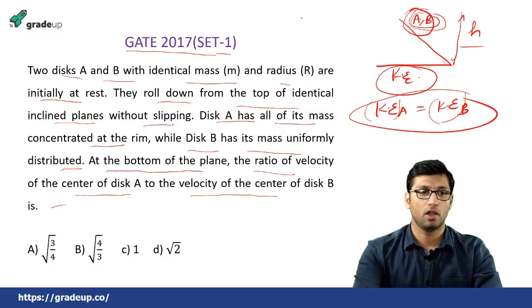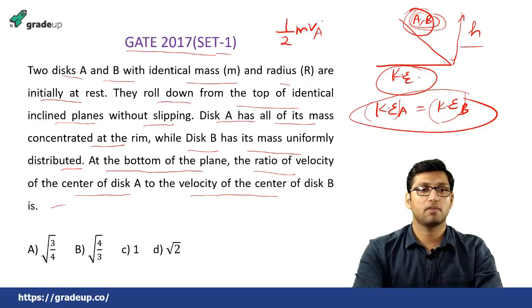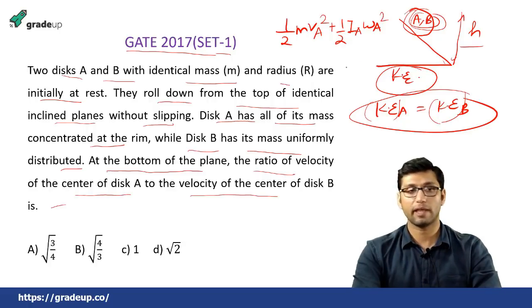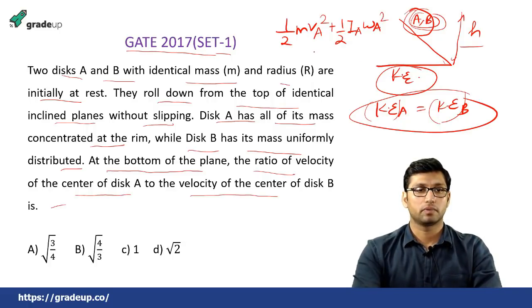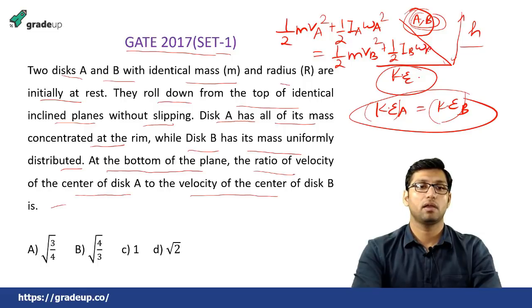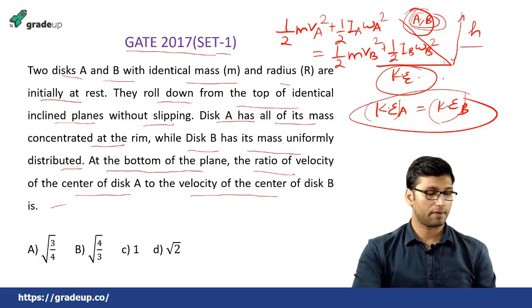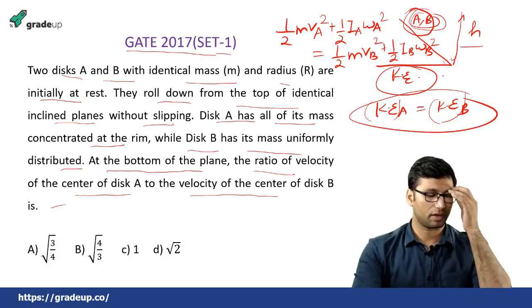So the translational kinetic energy will be equal to half m vA square, and the rotational energy will be equal to half IA into omega A square. Similarly for B, it will be equal to half m vB square plus half IB into omega B square. So this is the concept used here.